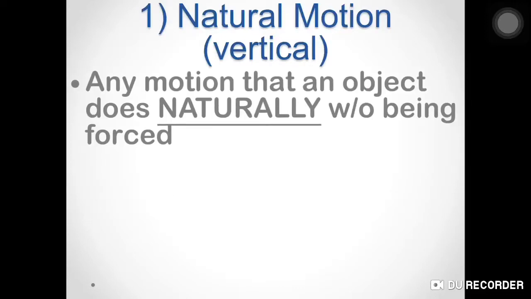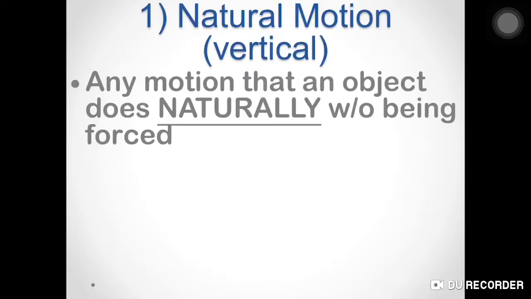So natural motion is any motion an object does naturally without being forced. What are the motions that are naturally moving without being forced? Isip-isip. Like for example, a mango, right?